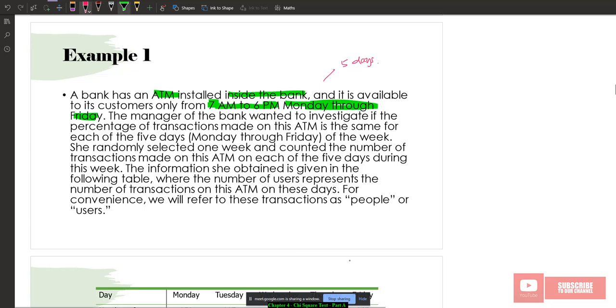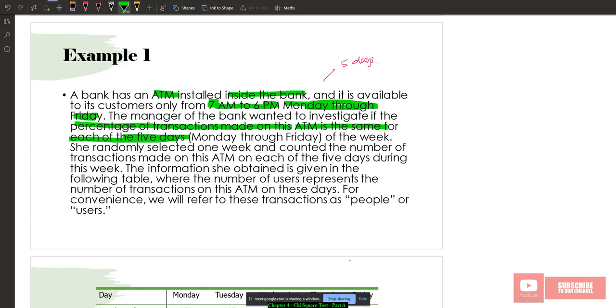So the manager of the bank wanted to investigate if the percentage of transactions made on this ATM is the same for each of the 5 days, right? Is the number of transactions the same from Monday to Friday of the week?